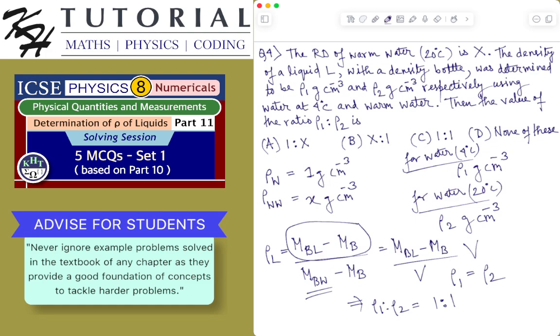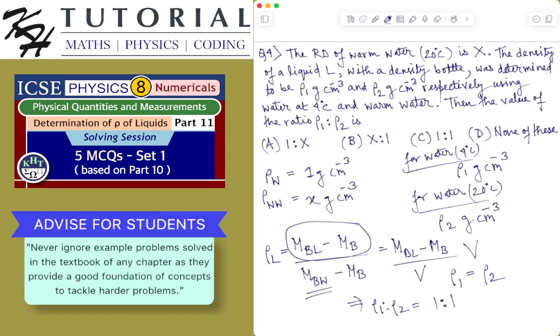I hope you understood why rho 1 will be equal to rho 2, because the main concept is that we are using the same liquid. The liquid L is not changing, and we are using a density bottle of a certain capacity, so the volume of the density bottle will be same.